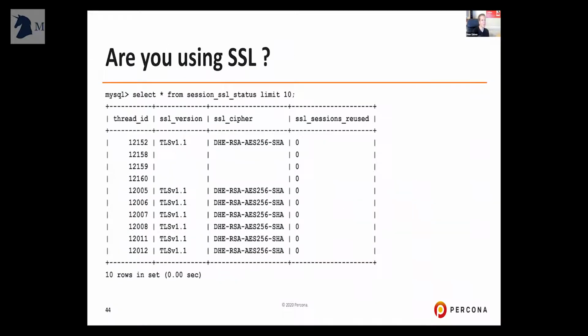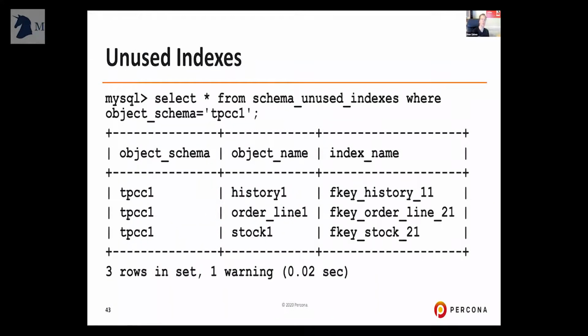Now, I mentioned already the feature of redundant indexes. The other problem, which happens quite often with databases, is the load of unused indexes. And that is what you can get now as well, right? You can look at the indexes which have not been used since the database started.